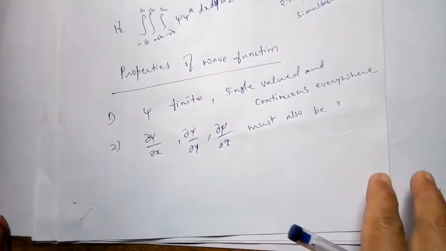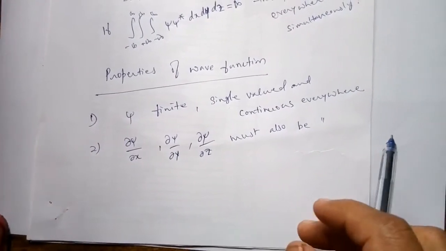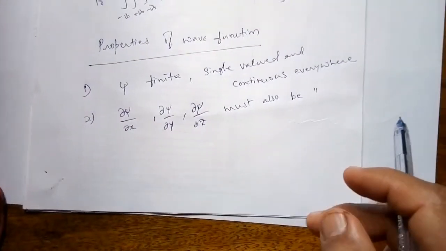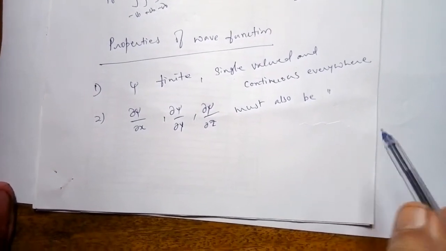In the same manner as the wave function itself, the partial derivatives should also be finite, single valued and continuous everywhere.